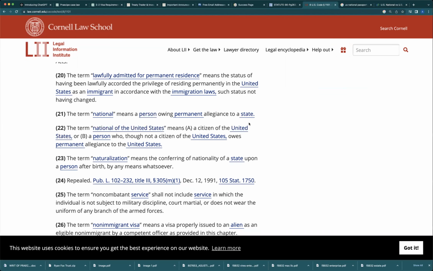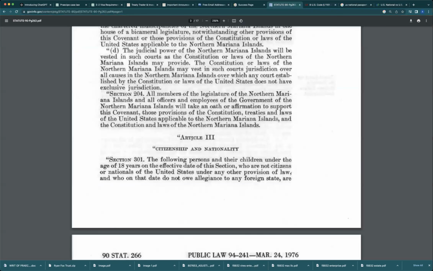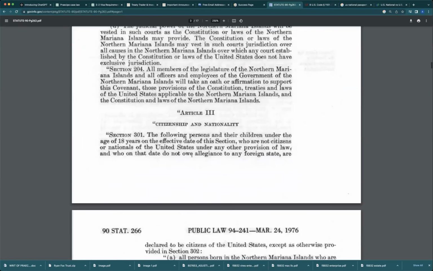What's missing here? The word foreign is not here. It just says allegiance to a state. If you go back, what does it say? Do not owe allegiance to any foreign state. Do you see that difference in wordplay?